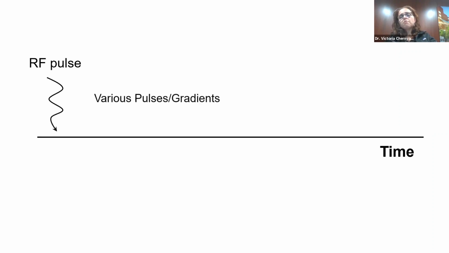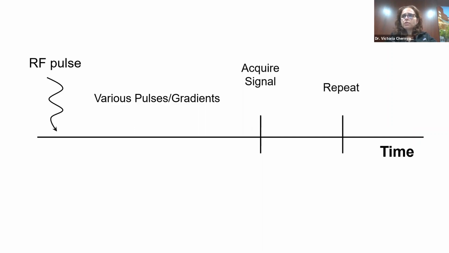What is the sequence of events in acquisition of MR? First, we give the RF pulse. Then magic happens where we do different manipulations with the local field, to magnify certain properties of certain tissues. And at some point, the coil is going to stop and listen, acquiring signal.